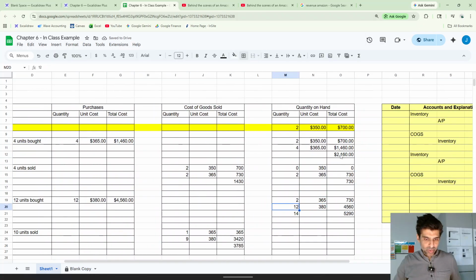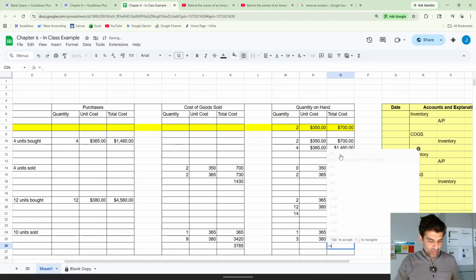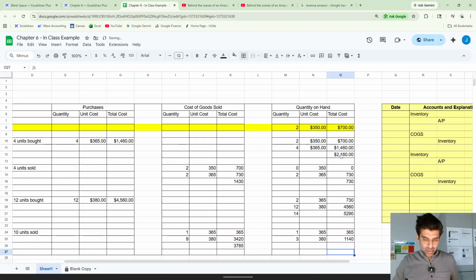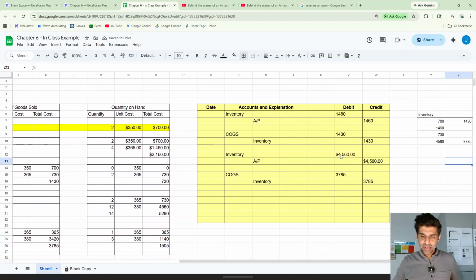And then let's do a final check: what is my ending inventory balance? I have 1 of these 365 units left because I had 2 and I just sold 1. And I have 12 minus 9, which is 3 with the 380 ones. So my total value of inventory is 1505. Let's make sure that's the case.